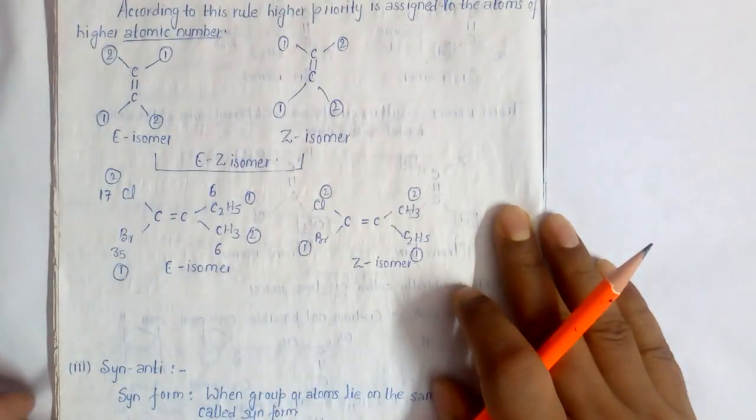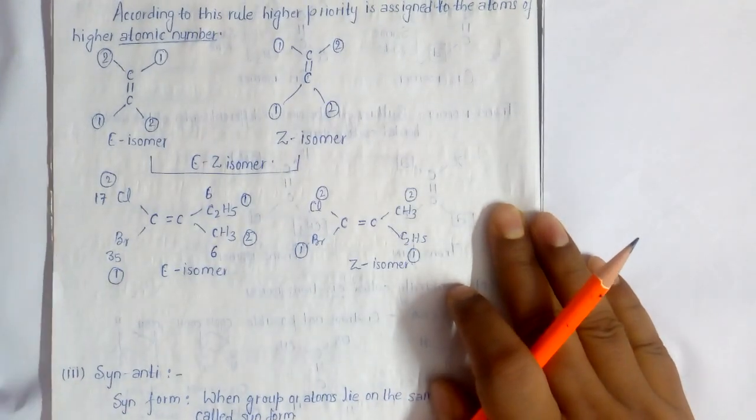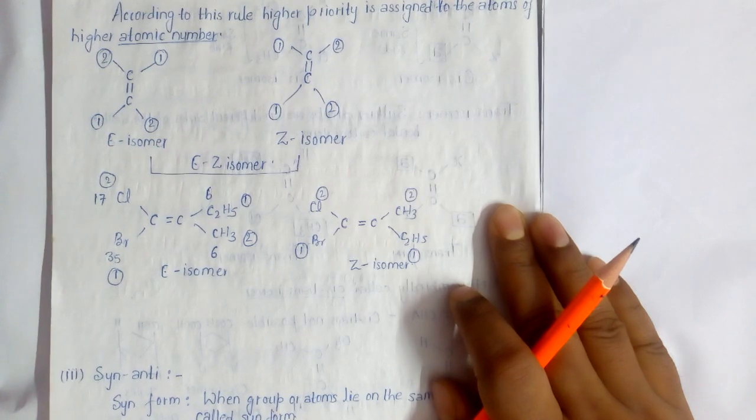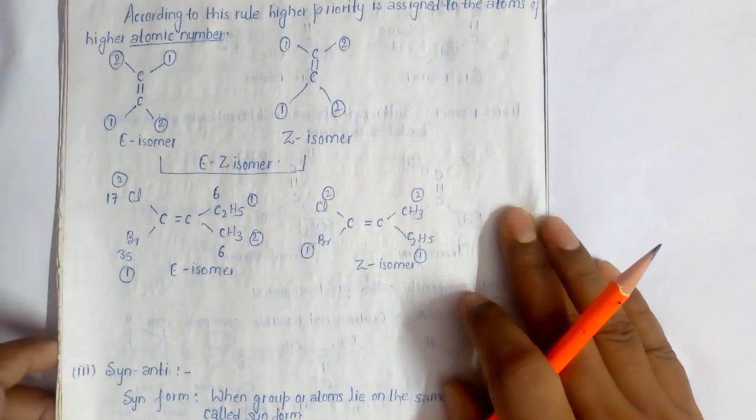According to the CIP rule, higher priority is assigned to the atoms which have higher atomic number.